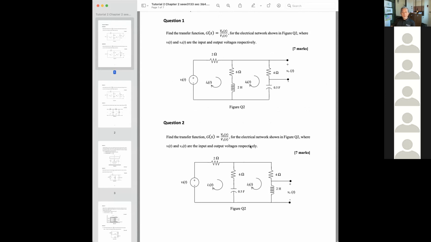Which one is different? The position of the capacitor and inductor, and also the position of V output. Okay, so you are still using the same concept. Najwa, Atira, can you give me the loop one equation?